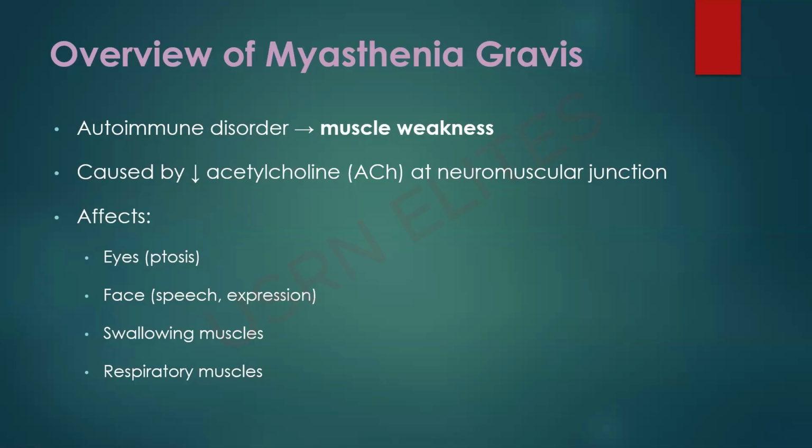When you get any question on myasthenia gravis asking which one is the priority, please always choose respiration. Even though you have muscle weakness and everything going on, no matter what's happening, your main concern should be your respiration.